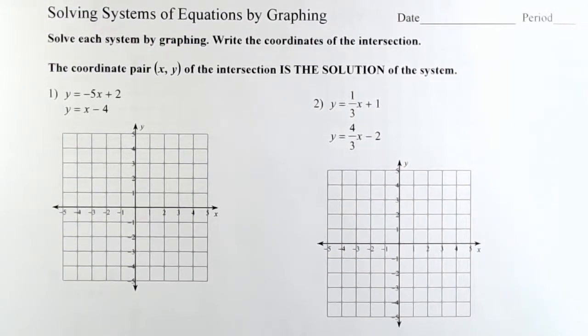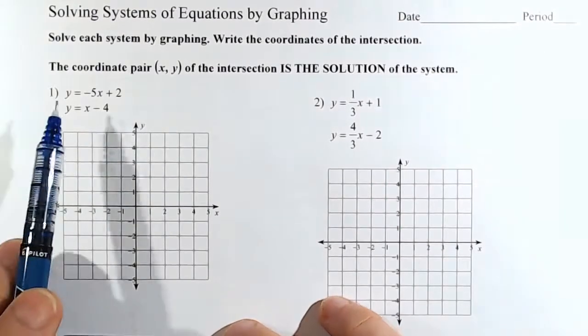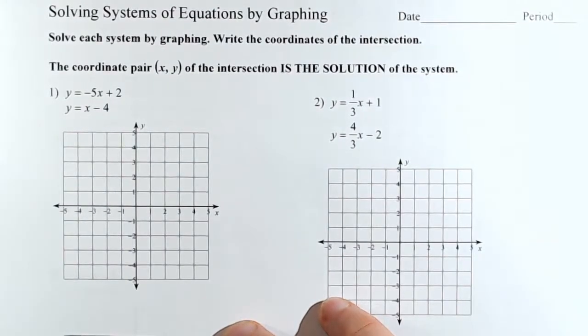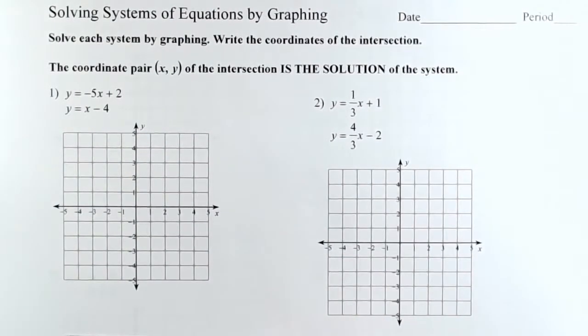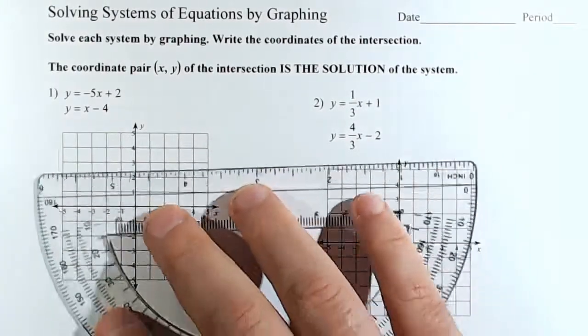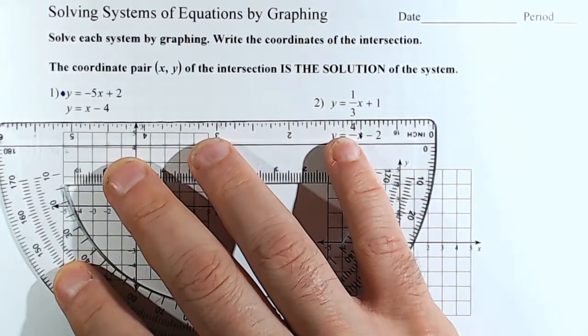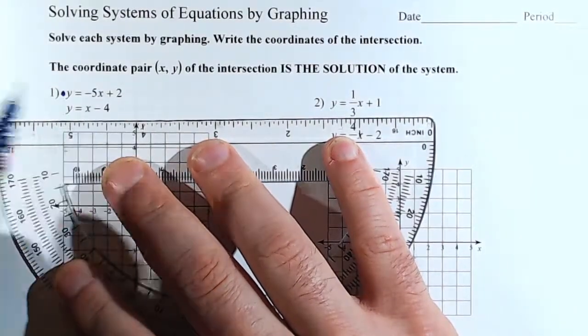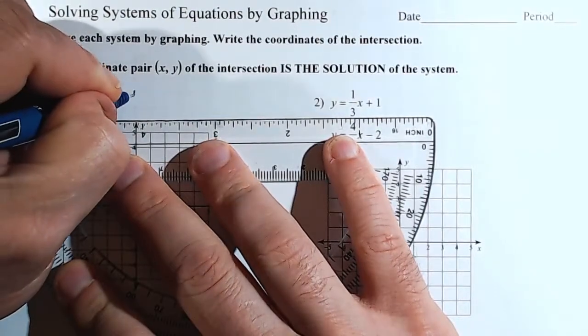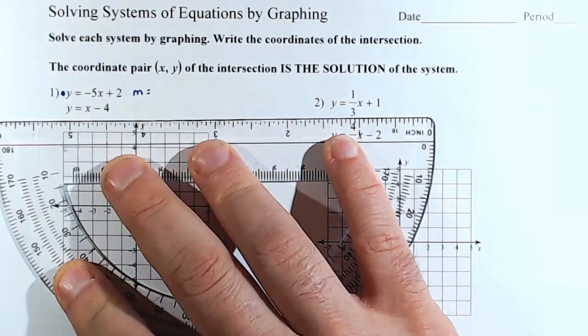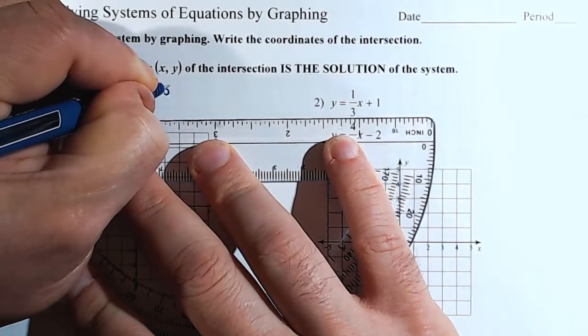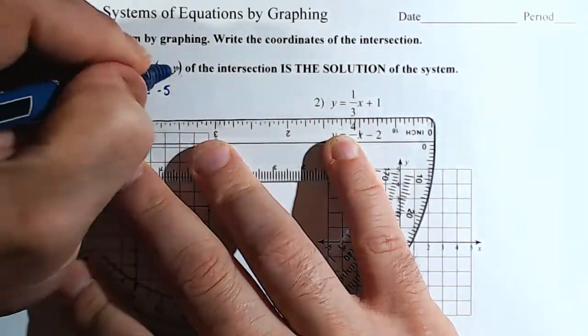Solve each system by graphing. Okay. Let's look at this first pair of equations here. Remember, all we're going to do is graph each line and see where they cross, or if they cross. So this top one, I'll make this my blue. Here, y equals mx plus b, so m is -5 and b is +2.